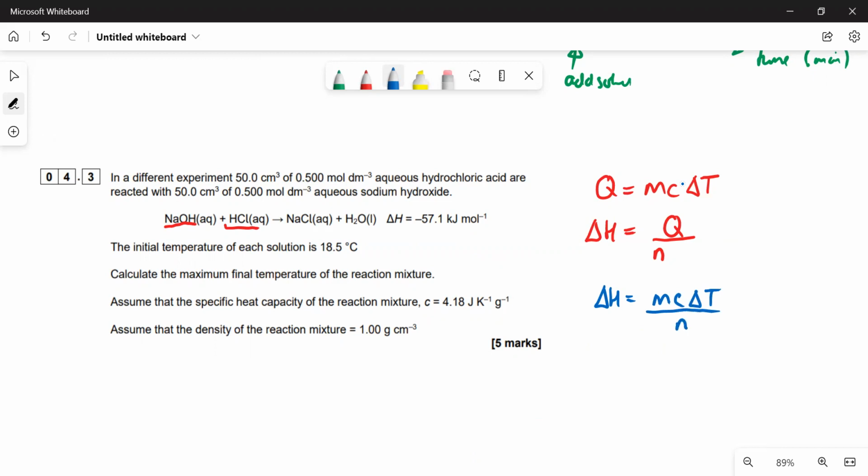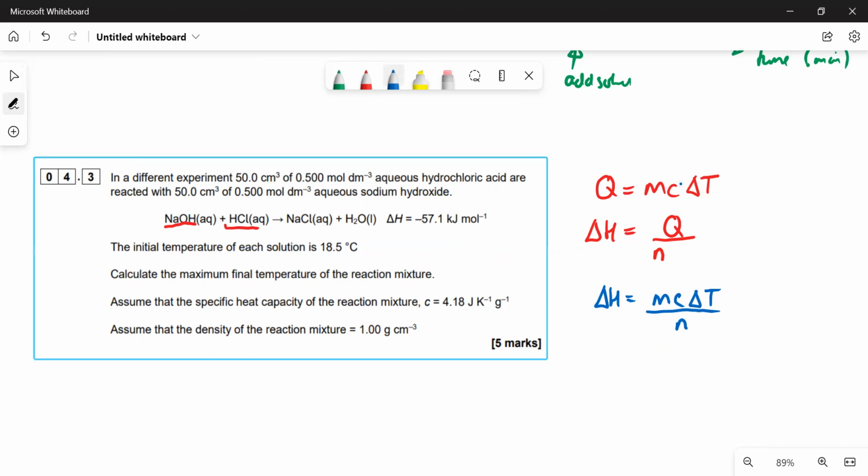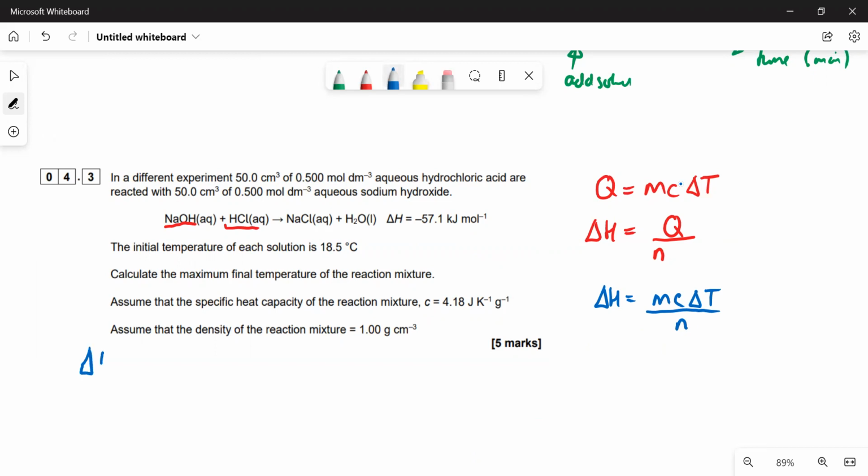Now we were interested in delta T there, so I'm going to rearrange that to get delta T. So delta T is going to be equal to, right, sorry, moles, n, times delta H divided by the mass and specific heat capacity, mc. Okay.